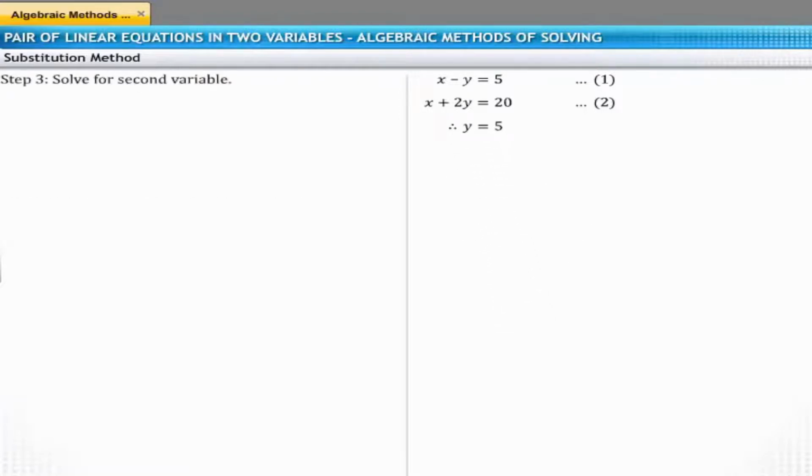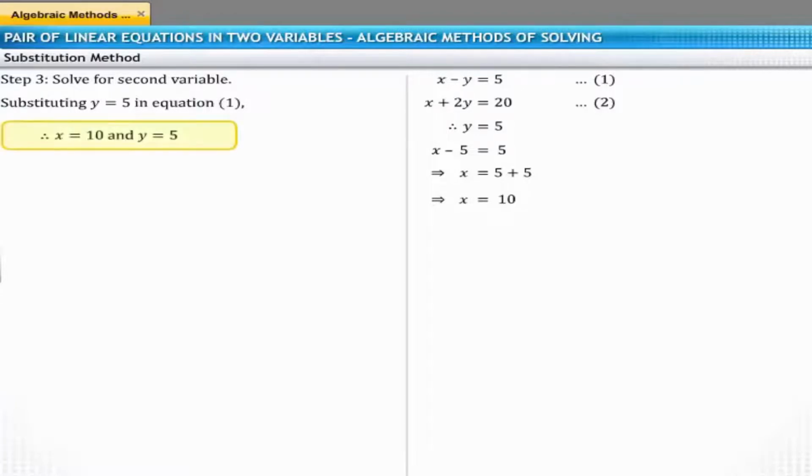In the last step, we can substitute the value obtained of the variable in any one equation to find the value of the second variable. So, here we'll substitute the value of y, which is equal to 5, in equation 1. Let's solve this equation. Hence, the value of x is equal to 10.